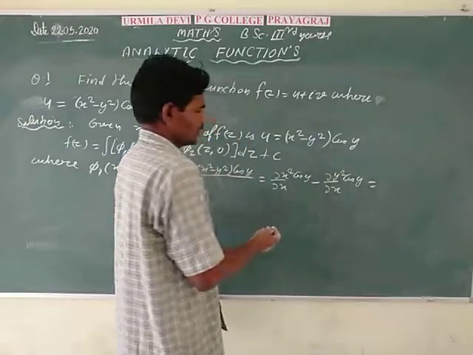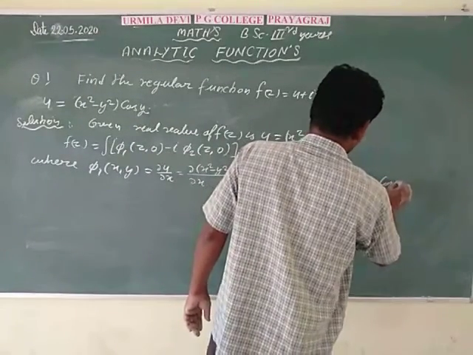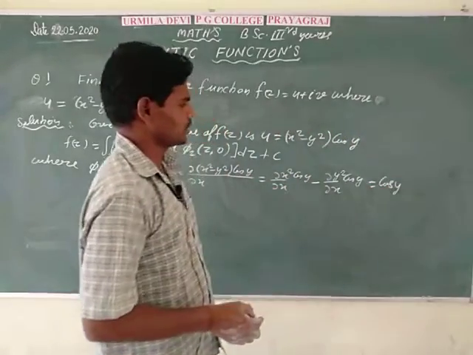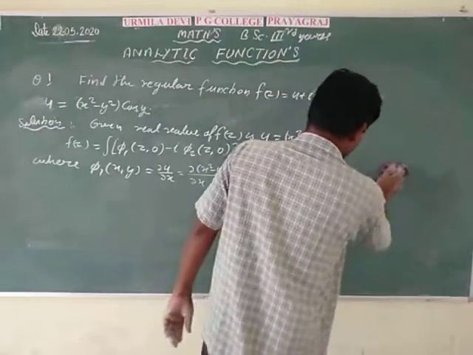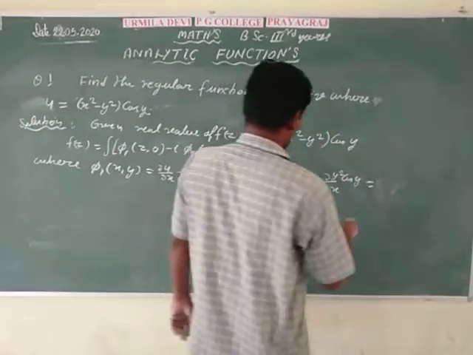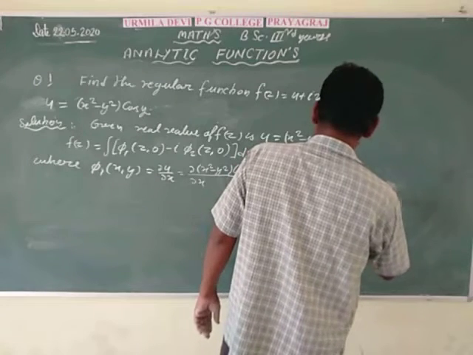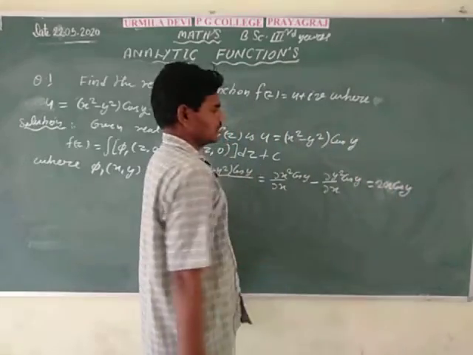Here cos y is constant, so it is taken outside, and the derivative of x² is 2x. So this is equal to 2x cos y, and this is equation first.